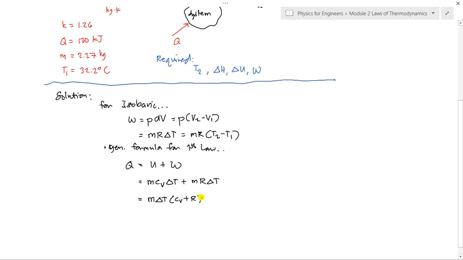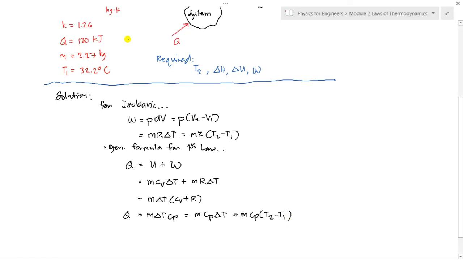So unsang pagkuha nini para makasolve ta. And also this one can also be rewritten as M delta T CP, or rearranging that would be M CP delta T. Since wala man tayo given nga CP, ato na siya pangitaon because we are given Q. Now in this way, if makakuha tag CP, then we can easily solve for T2 because delta T is T2 minus T1. So how are we going to solve for CP?